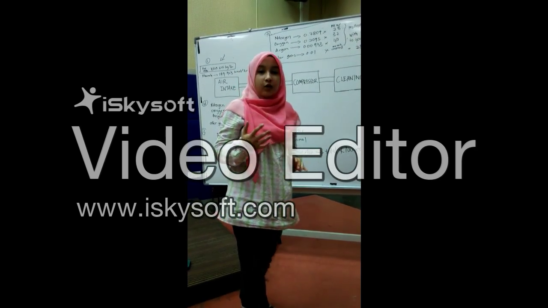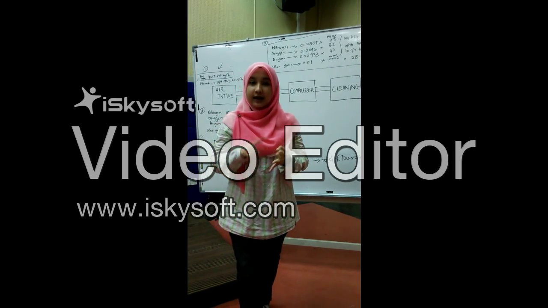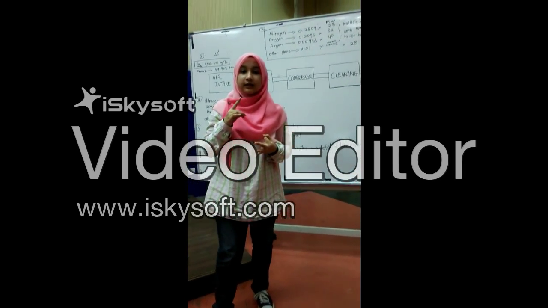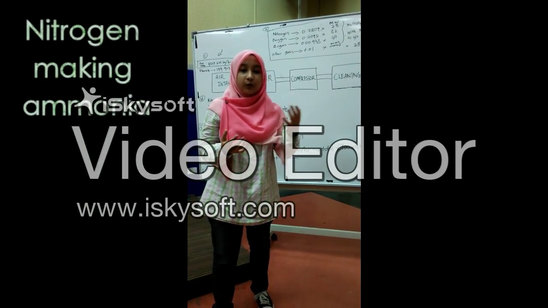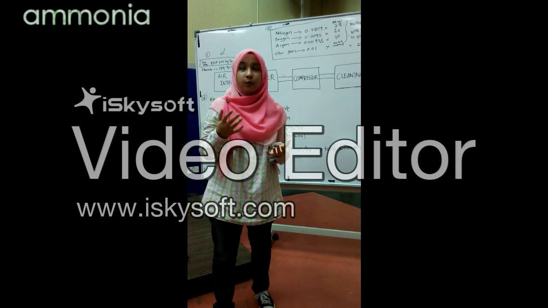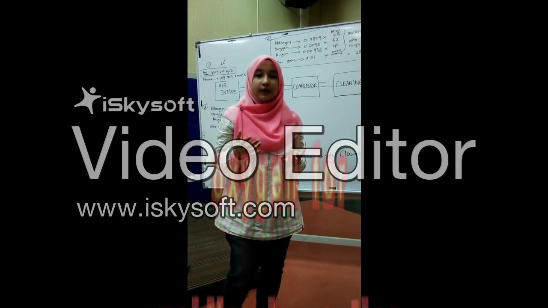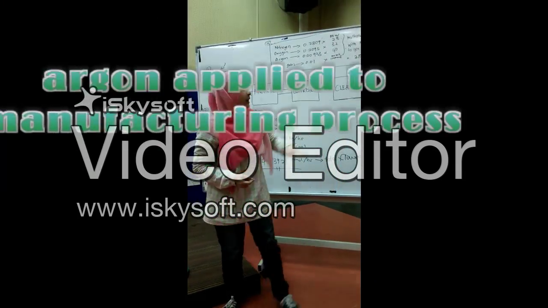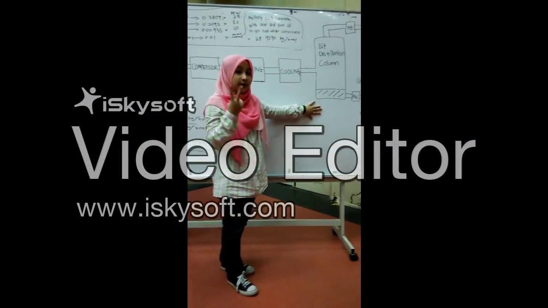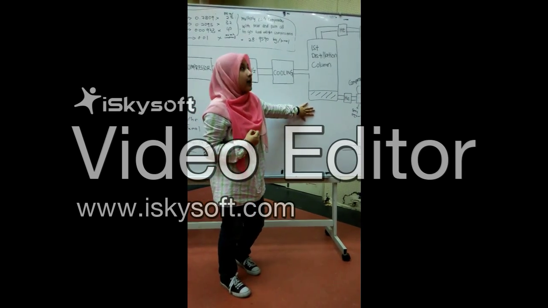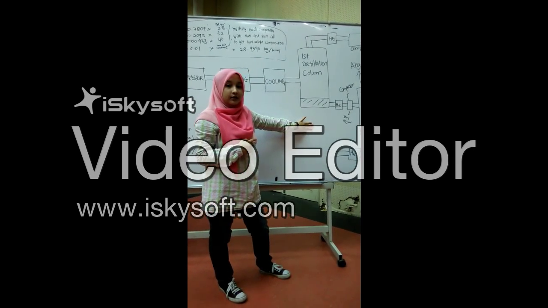Okay, the objective of this process is to obtain the pure gases, which are argon, oxygen, and nitrogen, that are needed in the chemical industry. For example, nitrogen for making ammonia, oxygen for welding and casting metal, argon for manufacture of metal. Okay, this distillation column is divided into two sections, which are the rectification head at the top of the distillation column and a stripping section at the bottom.